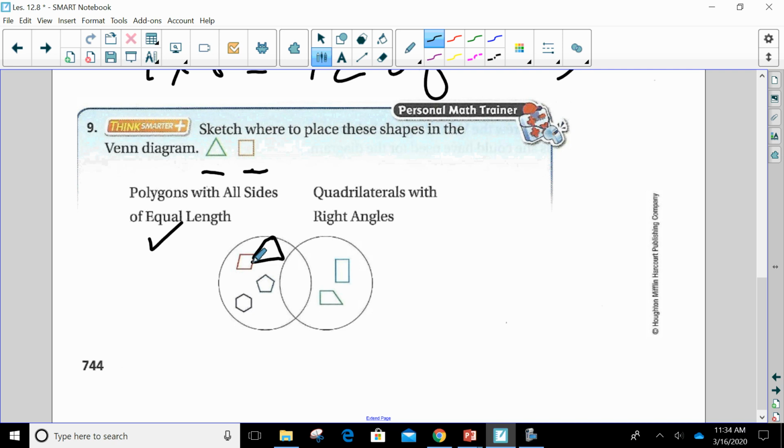Now, quadrilateral with right angles. Let's look at the square. Yes, it has right angles. Does it have all sides of equal length? Yes, so it would go in the middle. It's a square. It has all sides of equal length and it has right angles. Let's go to the next page.